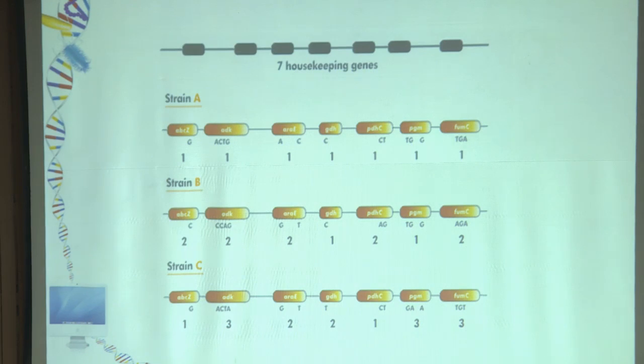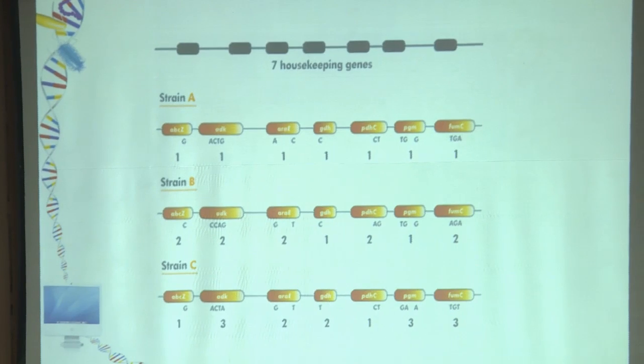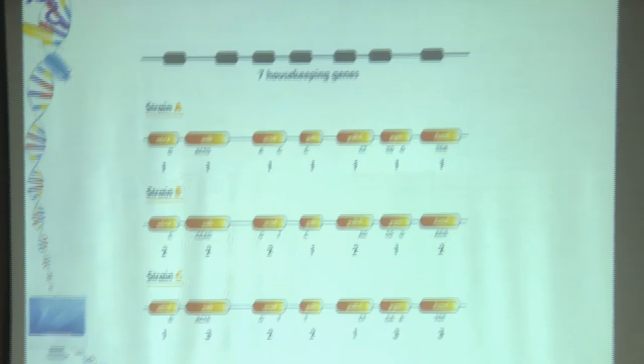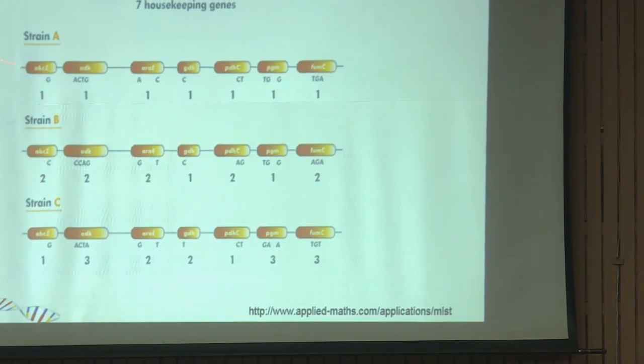This is a snapshot of how sequence variation is converted into simple integers, numbers. You can see here, these are the loci.